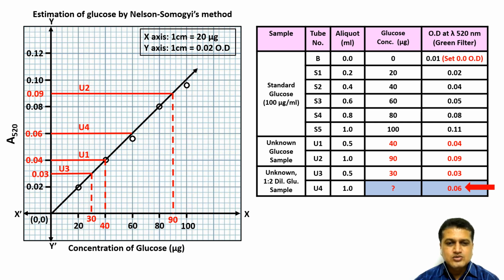Connect it to the plotted straight line of standard, and that corresponds to 60 micrograms on x-axis. Thus, the concentration of U4 is 60 micrograms. Thus, concentration of U1 is 40, U2 is 90, U3 is 30, and U4 is 60 micrograms.